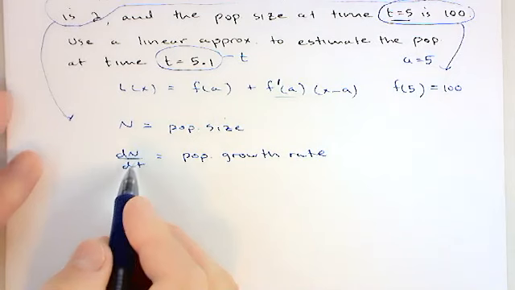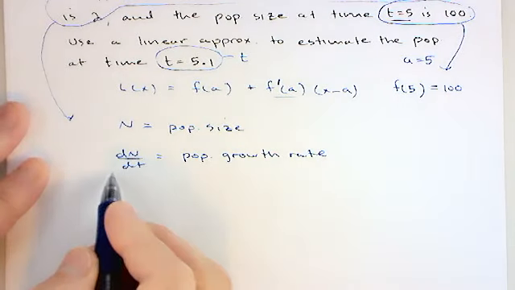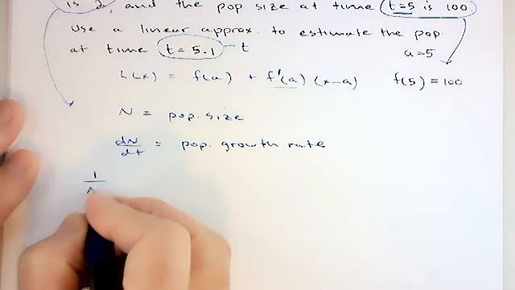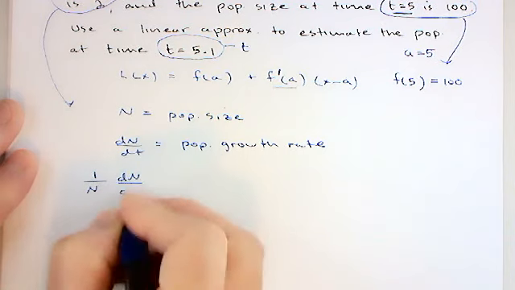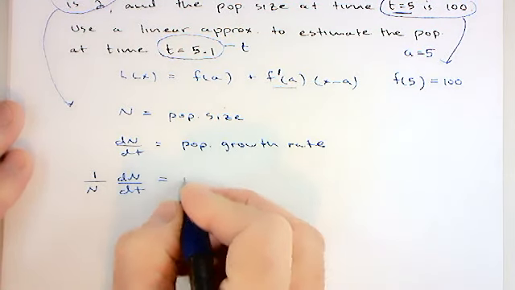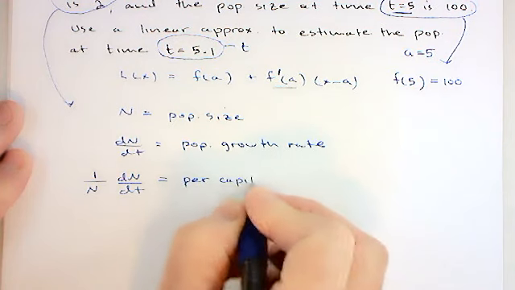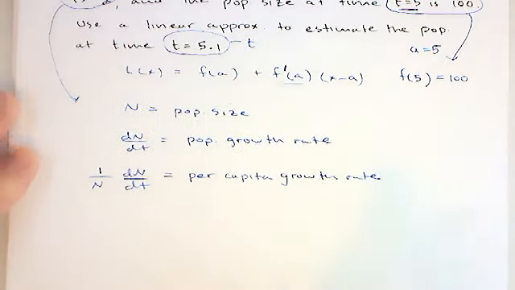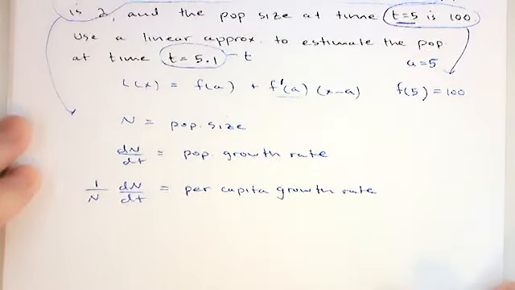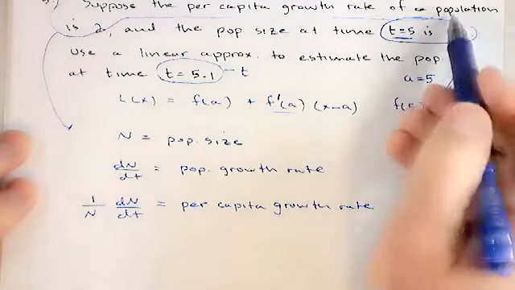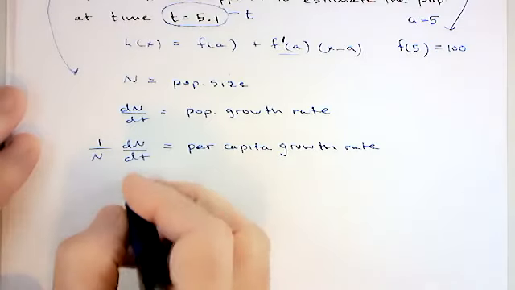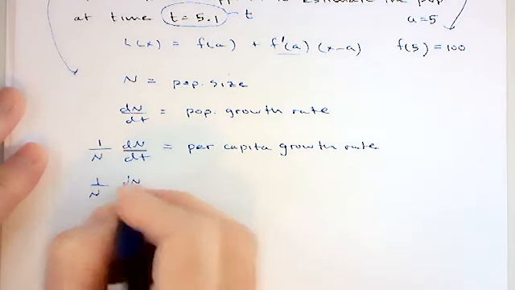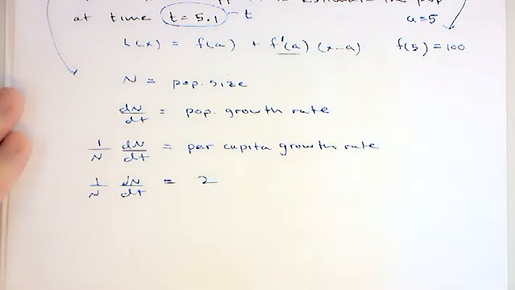And if I take the population growth rate and divide by the actual population size, which is the same as multiplying by 1 over n dn dt, that's what we were calling the per capita growth rate. So what they basically have told us in this first sentence, if the per capita growth rate of our population is 2, is that 1 over n times dn dt is equal to 2.